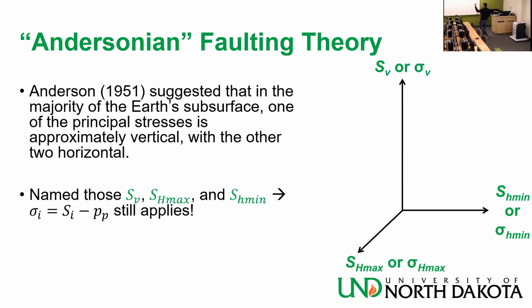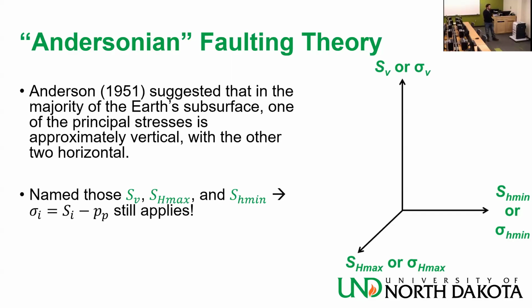One of those three stresses, S1P, S2P, S3P, is perfectly vertical, and the other two are horizontal. And he gave exceptions. If you are near a salt dome, for instance, the stresses tend to follow the shape of the salt dome.